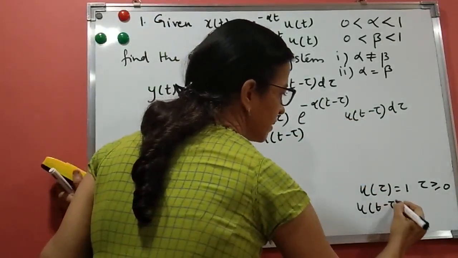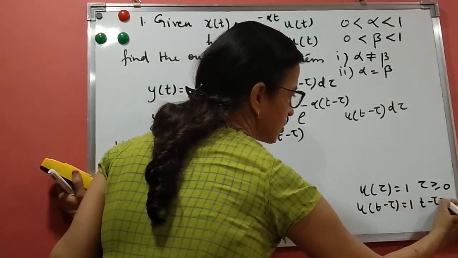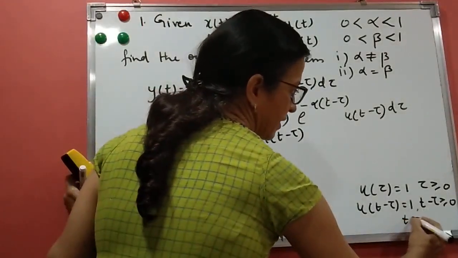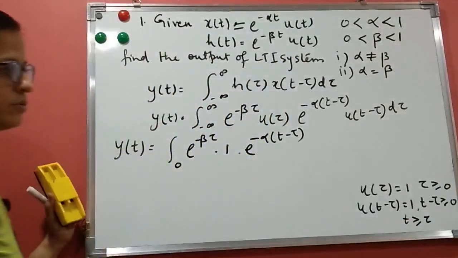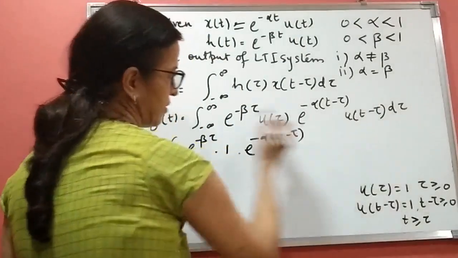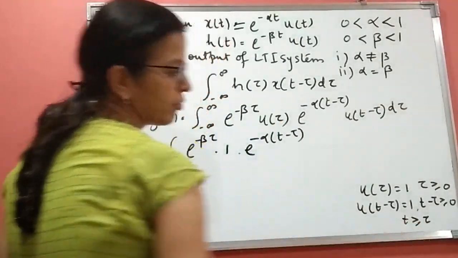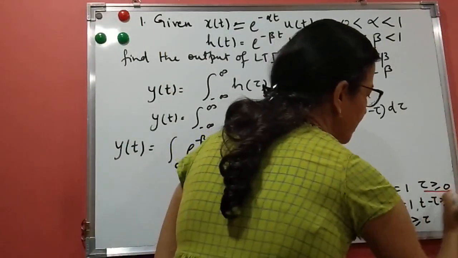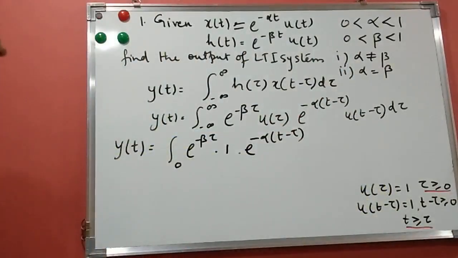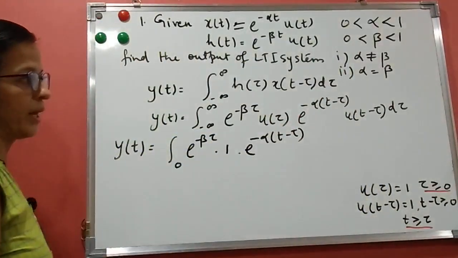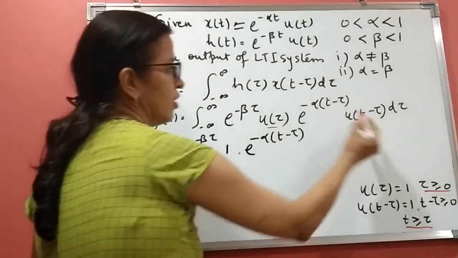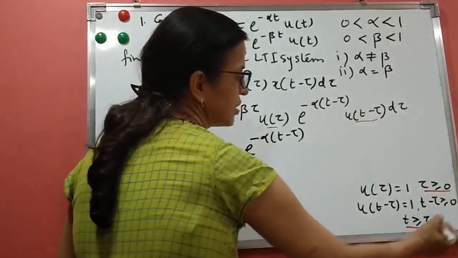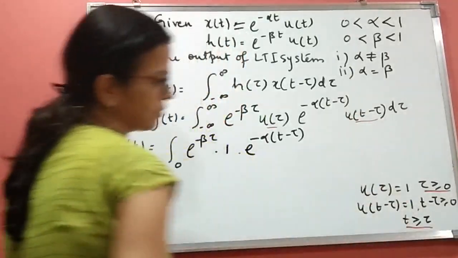It equals 1 for t minus tau greater than or equal to 0, so t is greater than or equal to tau.